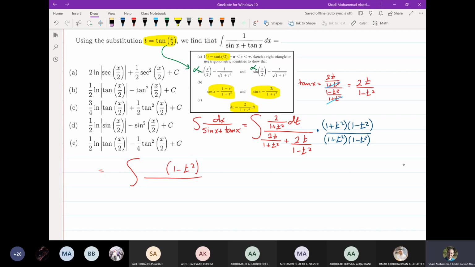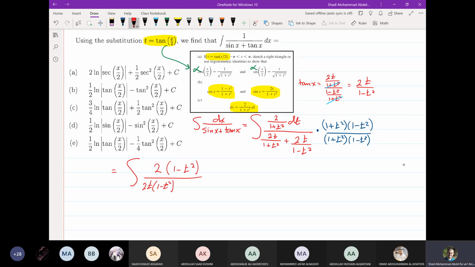In both cases, we will solve it. Okay, let me simplify it first, then I will remove it now. 2 over 2t over 1 plus t square multiplied by this. Also 1 plus t square simplifies with 1 plus t square. So here I will have 2t multiplied by 1 minus t square.